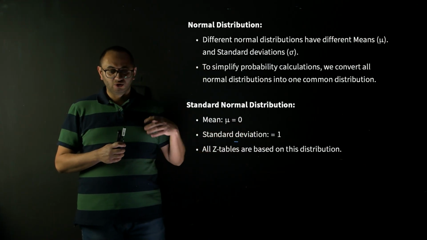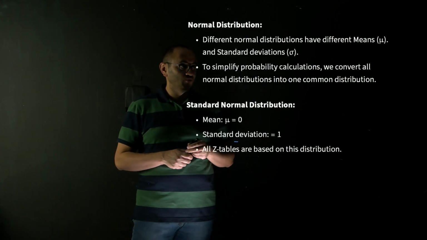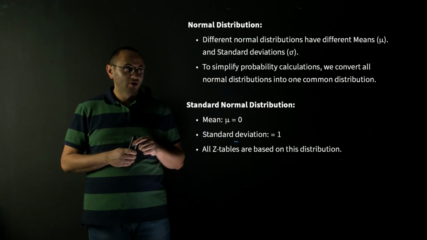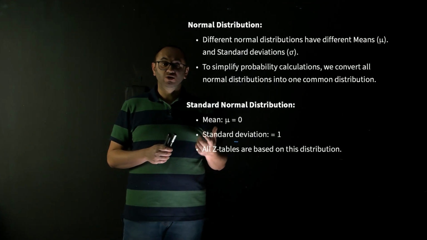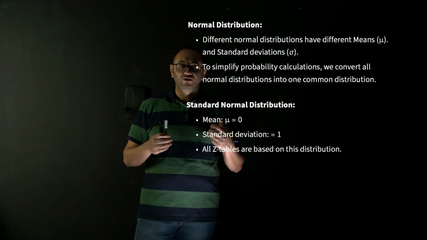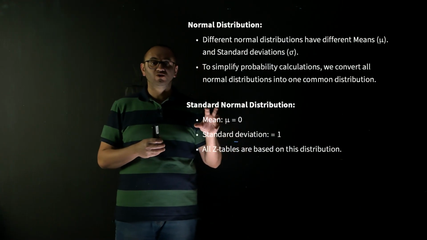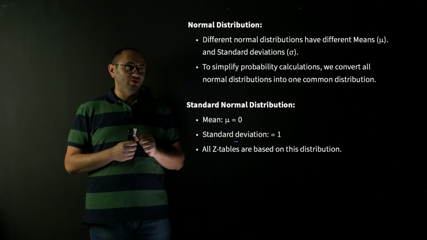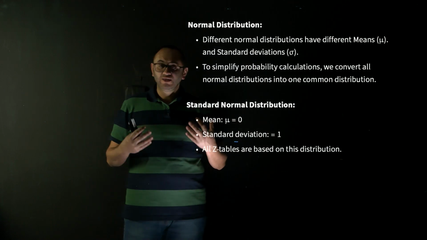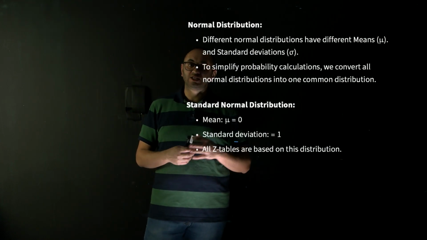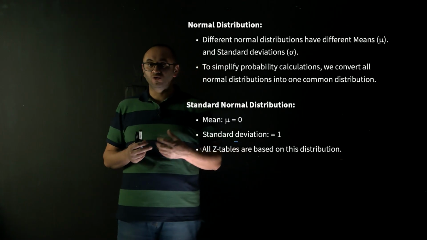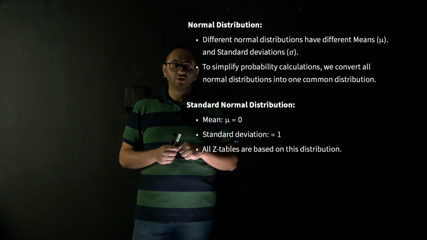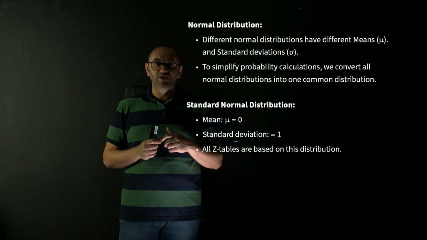Now, to simplify probabilities, we convert all normal distributions into one common distribution or a standard distribution. So this common distribution is called the standard normal distribution. A standard normal distribution is a special case of the normal distribution when the mean equals 0 and the standard deviation equals 1.